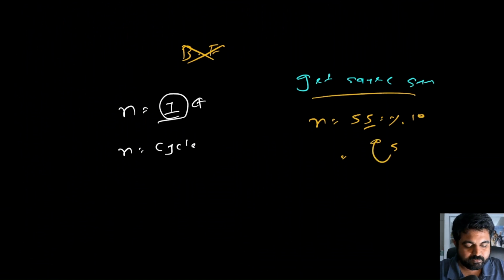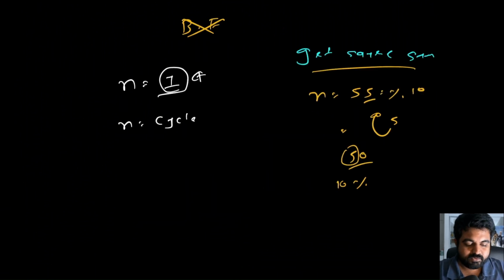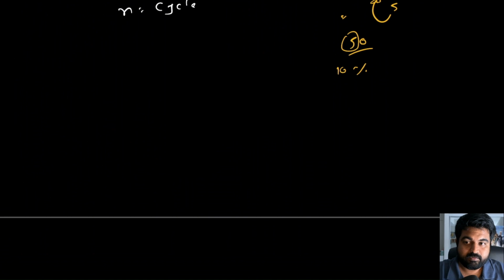Then once again we divide n by 10, so the remaining value is going to be 5 because this is integer division. And then once again we do modulo by 10, so basically we would get value as 5, and then we will just do the square of it. So this is going to be the full logic on how we will proceed with getting the sum of squares. It's quite easy to implement and we would see that in the code.